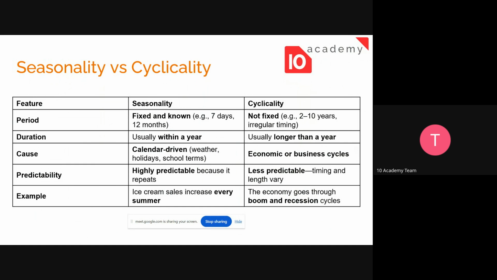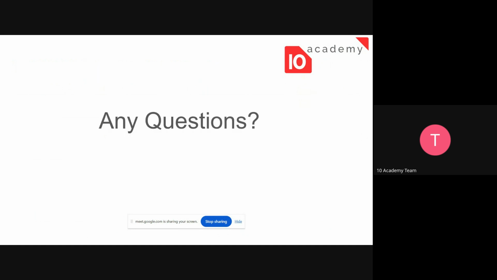Predictability is high for seasonality, and less for cyclic. For example, ice cream sales increase every summer, so we know when to stock our products. With cyclic, the economy goes through boom and recession cycles again and again. So, any question on this, guys, before we move to the demo?